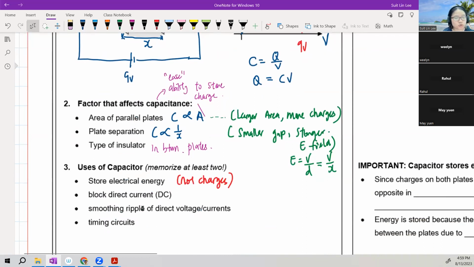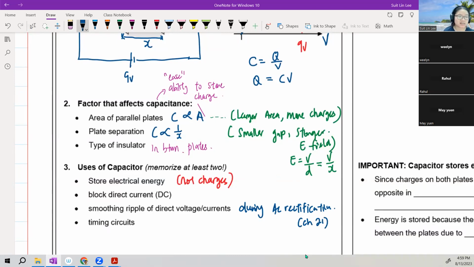We can use it to smooth the ripple of direct voltage or currents during rectification, during alternating current rectification. This one we'll see again in chapter 21.